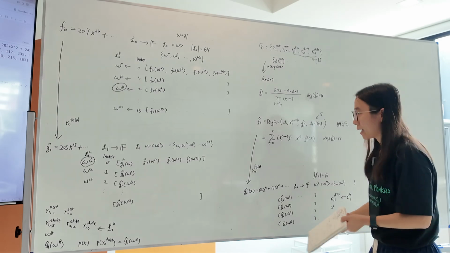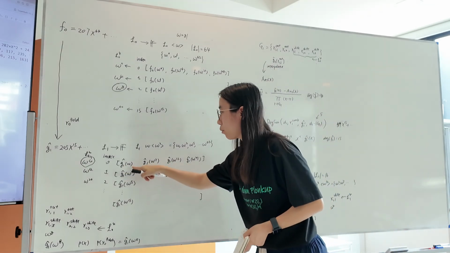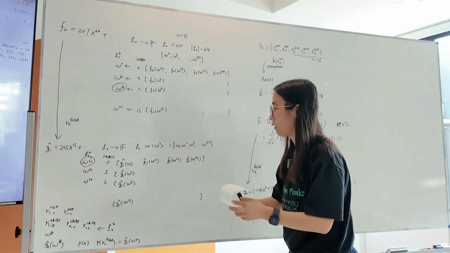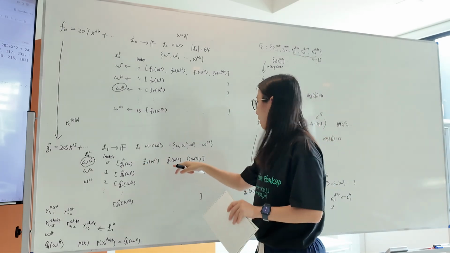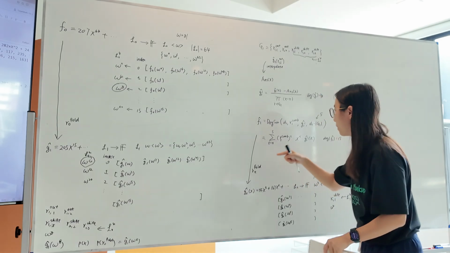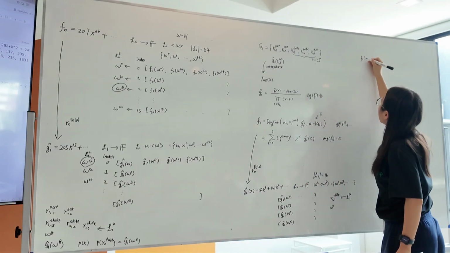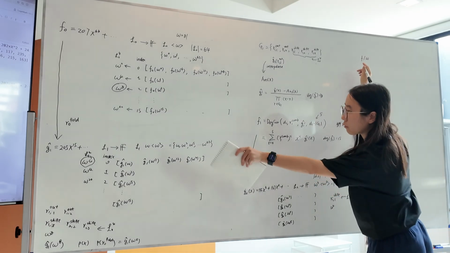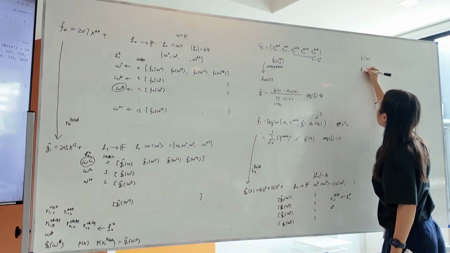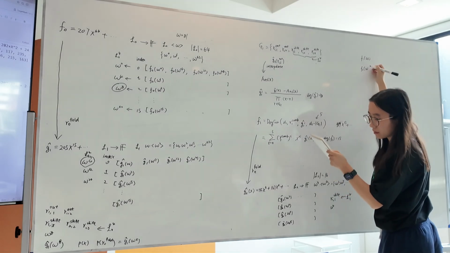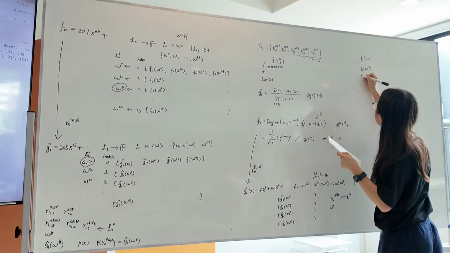So when he gets these 4 values, how can he get F1 omega?